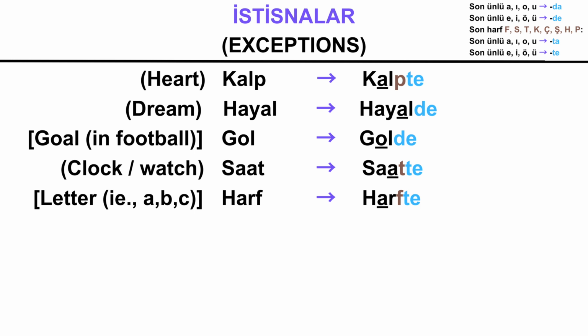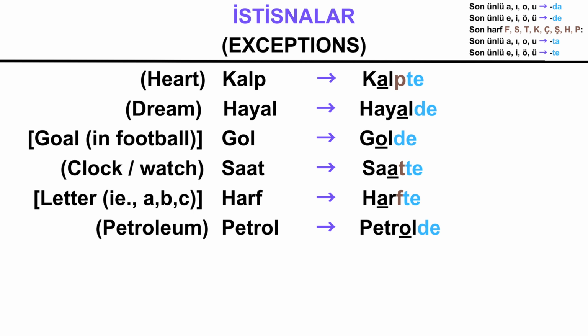However, we don't pronounce it as harf, but we pronounce it as harf. Because it sounds softer, we will treat it as if it was front vowel, ince ünlü. That's why we will put T instead. Harfte, in the letter.